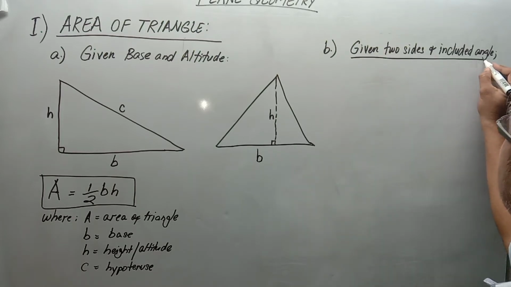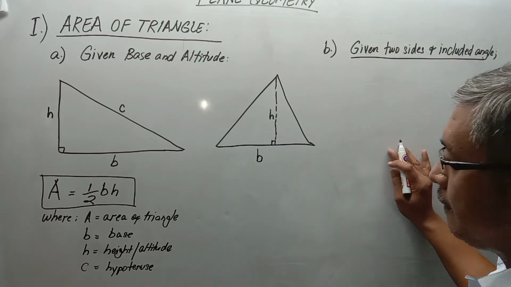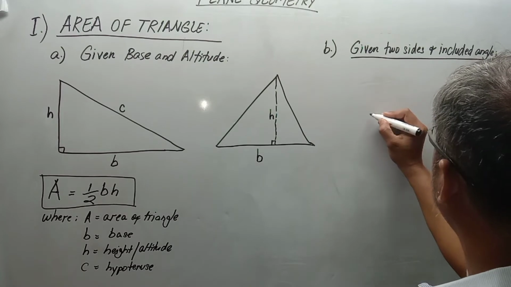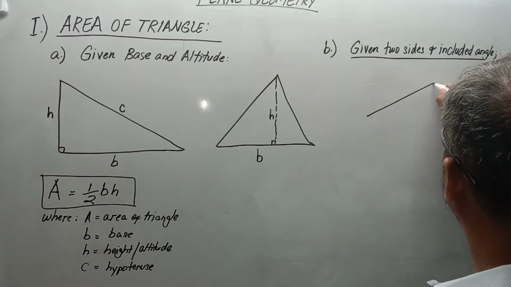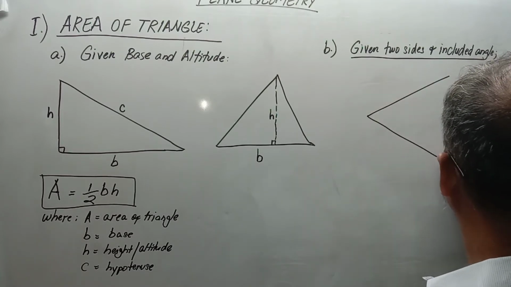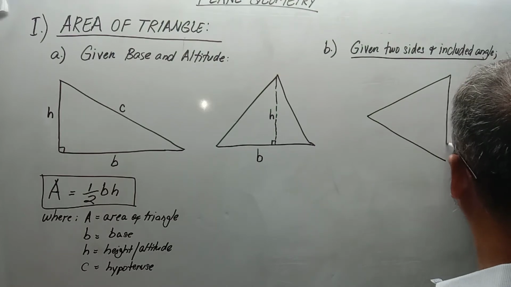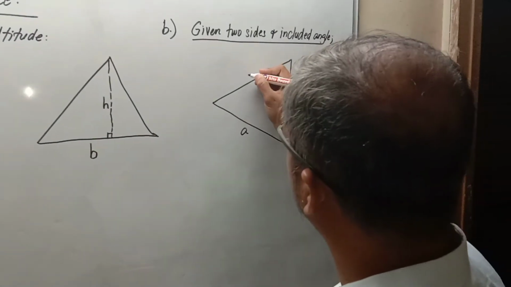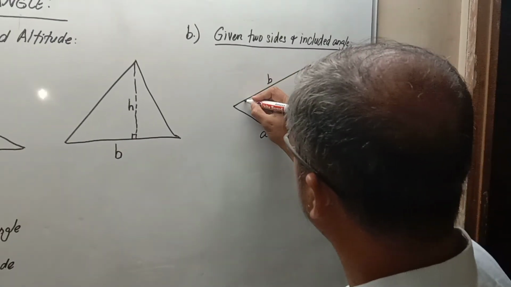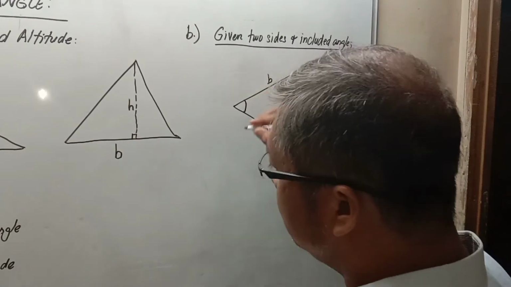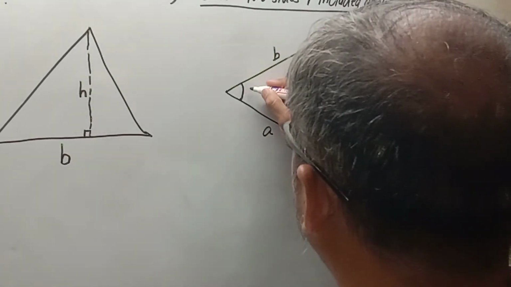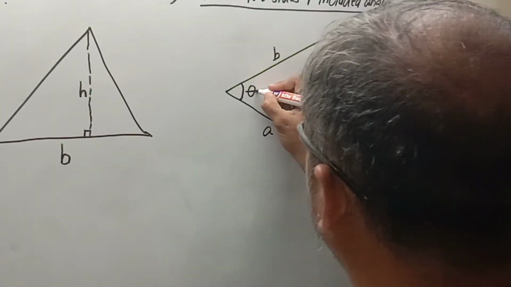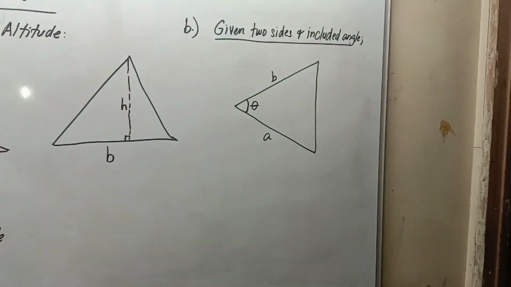Second condition is two sides and included angle. So if this will be the diagram or triangle, okay, if this is the two sides, A side and the B side, and this is the included angle, let me say theta.